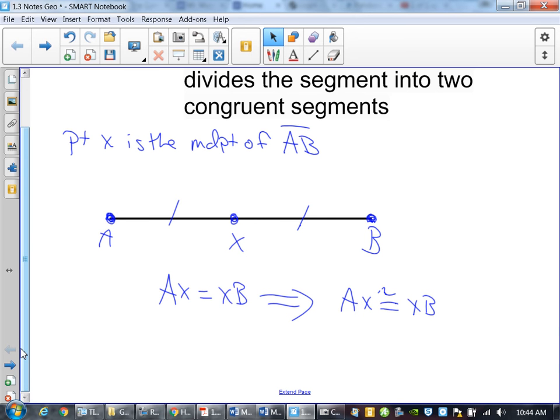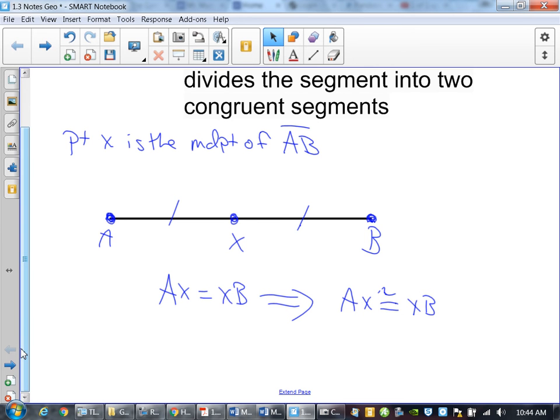We still have a couple months to go for that, but I want you to start to think that anytime I give you information that there is a midpoint, what does a midpoint do? It cuts and creates two congruent segments. Next week we're going to talk about an angle bisector. If something is an angle bisector, it cuts an angle into two congruent angles. So we're going to start to see things like this.